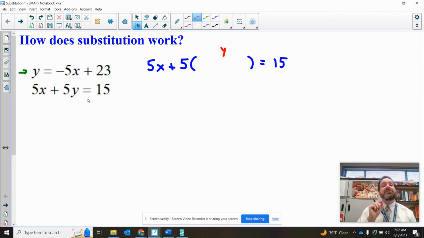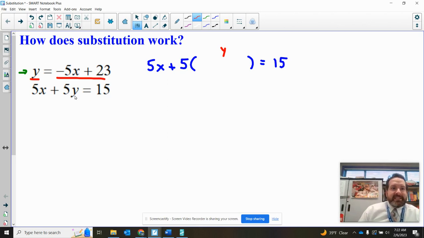It's called the substitution method because we're going to replace this letter y with something y is equal to. If two things are the same, then you can switch one out for the other and you still have a true statement going on.